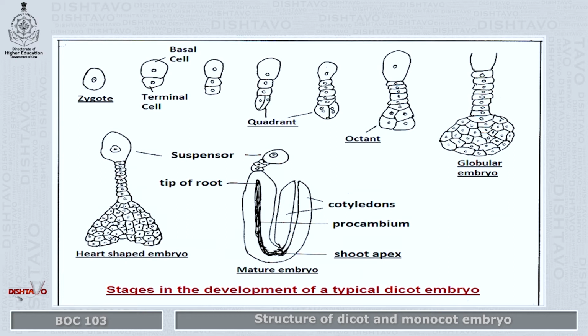Once the zygote divides, it divides through a transverse division to form two cells, a basal cell and a terminal cell. The basal cell undergoes the transverse division, and the apical cell divides vertically. Thus, it forms a four-celled inverted T-shaped proembryo.